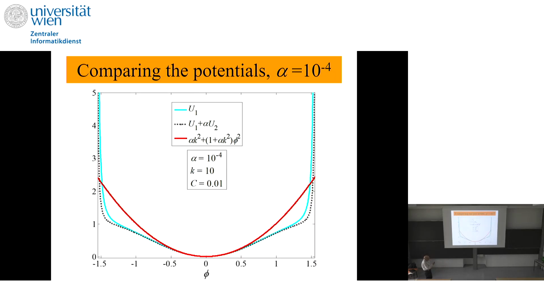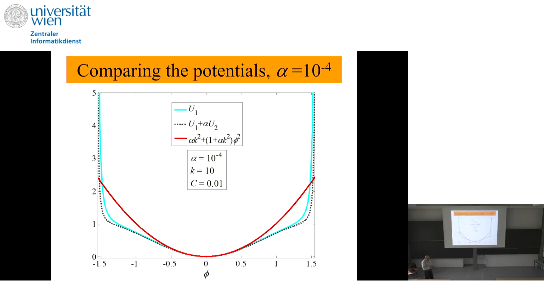If you go now to alpha of 10 to the minus 4, again the purple, the light blue, and the dashed curve agree to very close to the equator. And the red one, the phi squared approximation, works only very close to the equator.